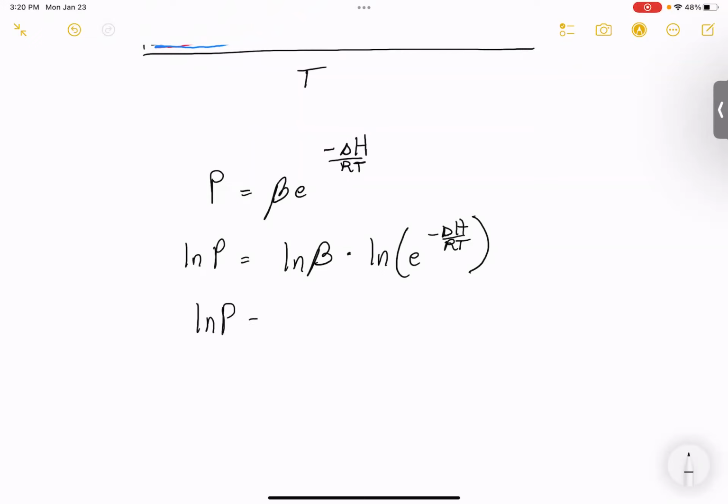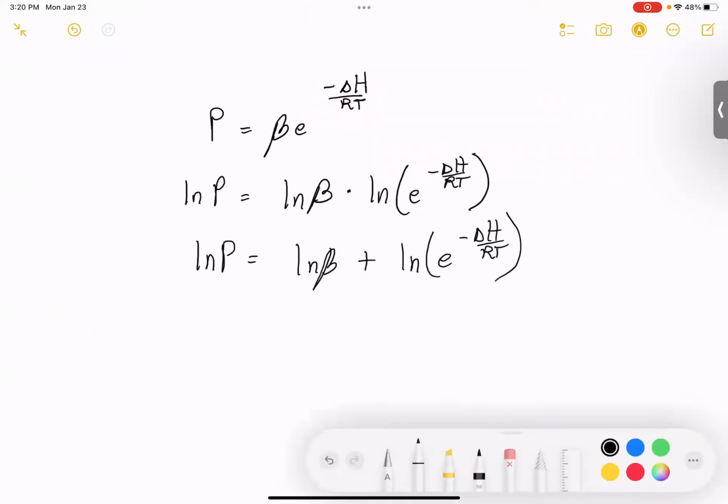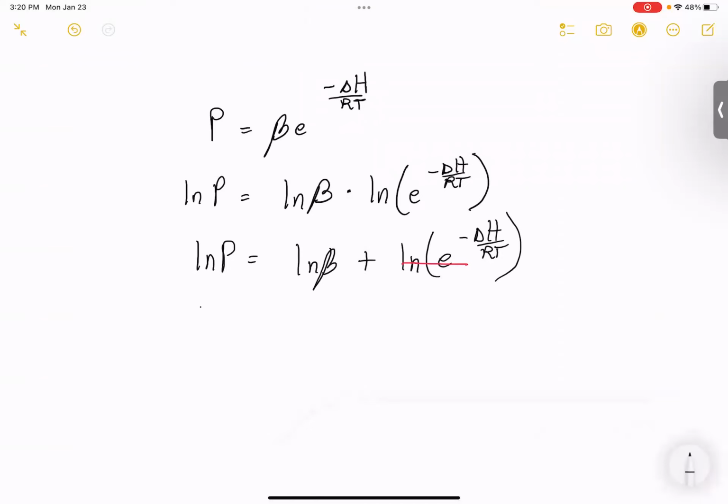So natural log of P is equal to natural log of beta plus natural log of e to the negative delta H over RT. And e and natural log are inverse relationships, so they cancel each other out. So this becomes natural log of P is equal to the natural log of beta plus negative delta H over RT.